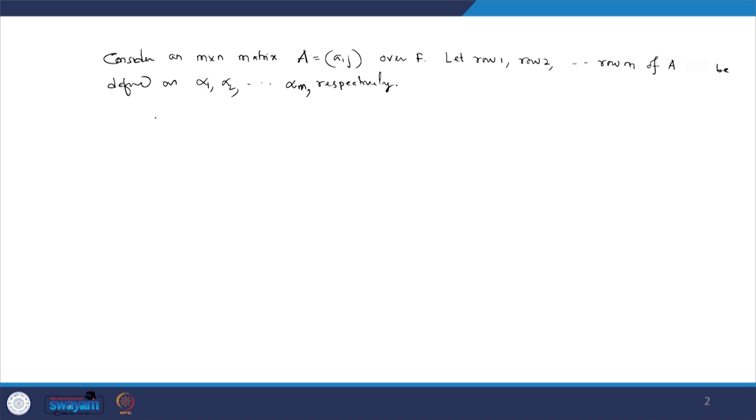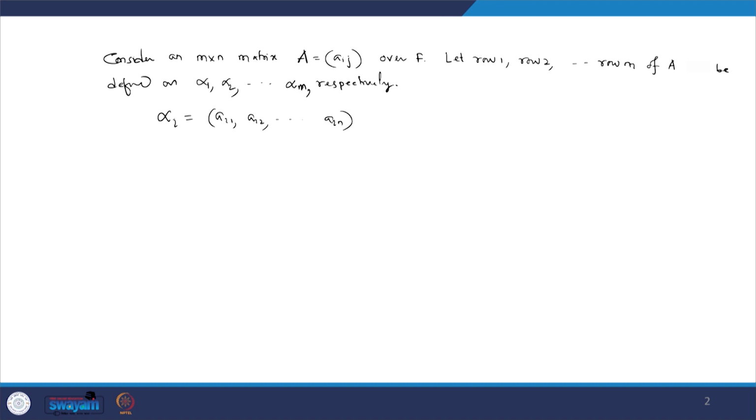So, certainly here alpha i, the ith row of A, is nothing but A_i1, A_i2, up to A_in. So, alpha i is of this form.